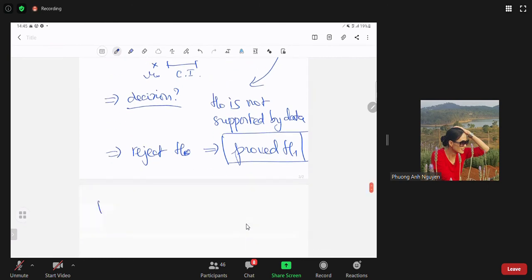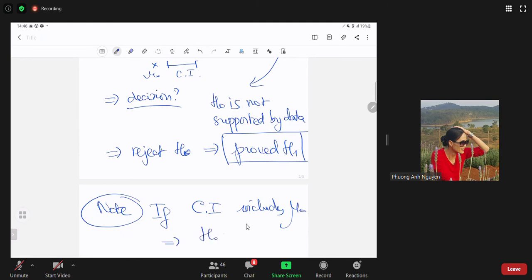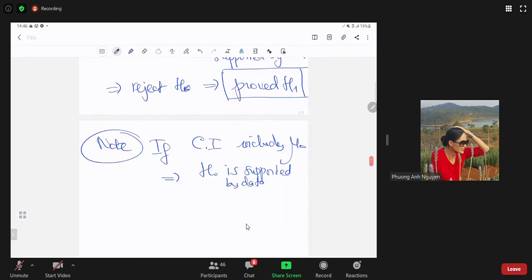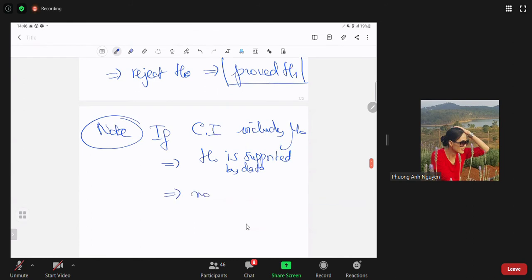And of course, in the other case, if my confidence interval includes the value mu zero, then you can say that H0 is supported by the data, and you do not reject H0. That's it.